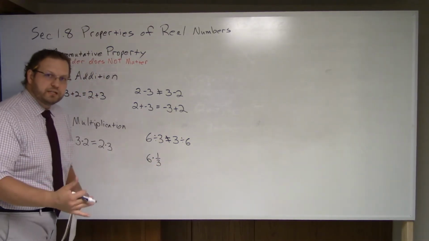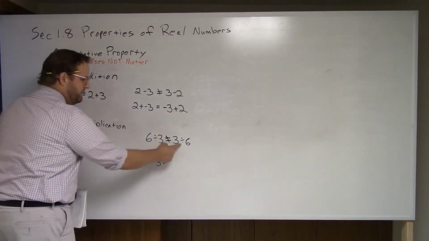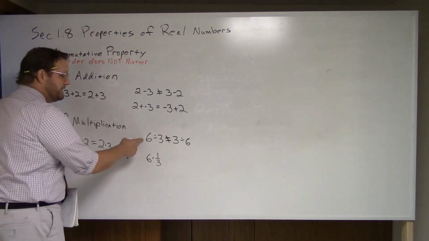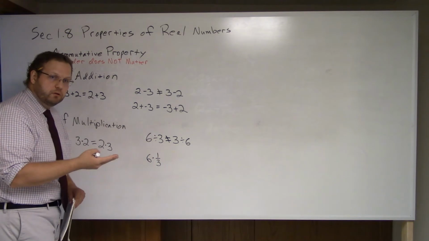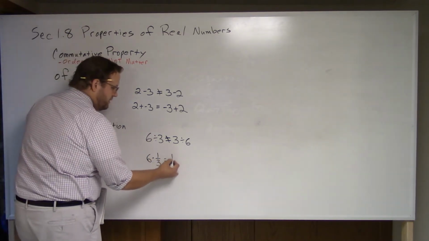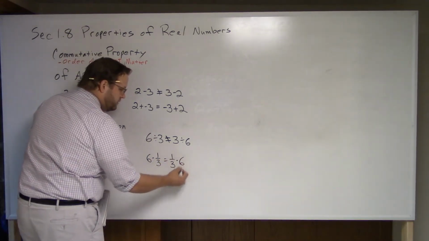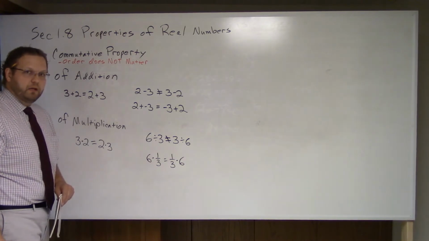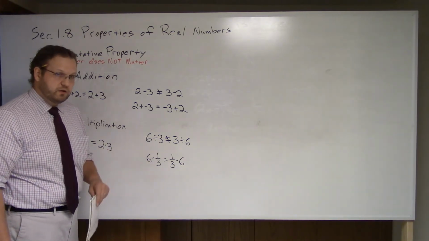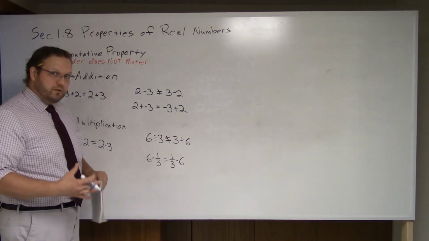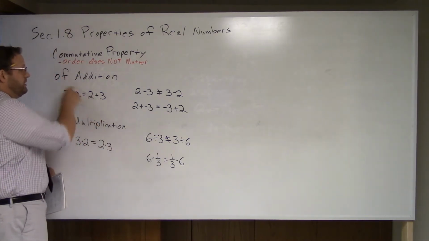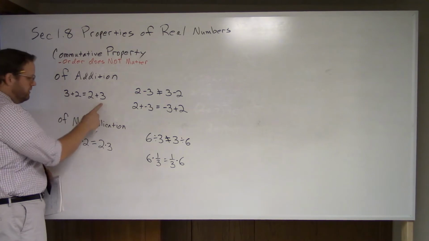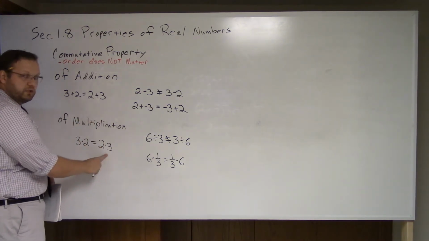Again, division is not commutative. I can't flip the order. But if I rewrite that division as multiplication, and in this case multiplying by the reciprocal, then I have more freedom to manipulate that problem. Okay, and again, when we get into equation solving, anything that we can do will be helpful. Okay, so that is the commutative property of addition, illustrated here, or of multiplication, which is illustrated here.